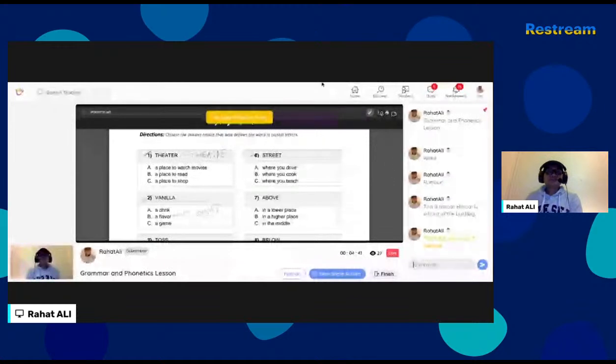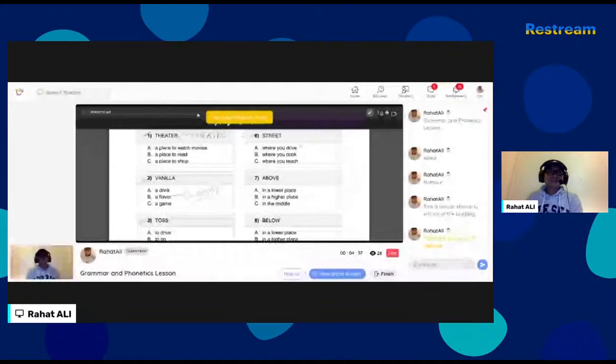Okay, number 7, above. Above means in a higher place. How do you pronounce it and what does it mean again? It means higher place, okay? It's a preposition, and also an adverb.